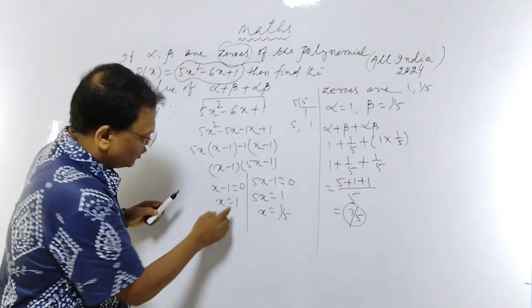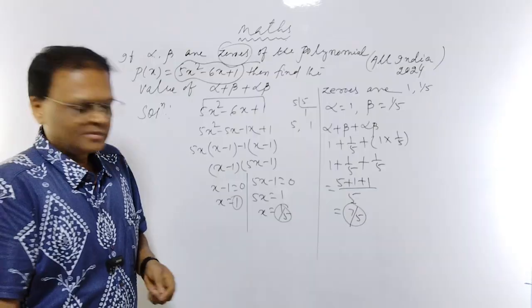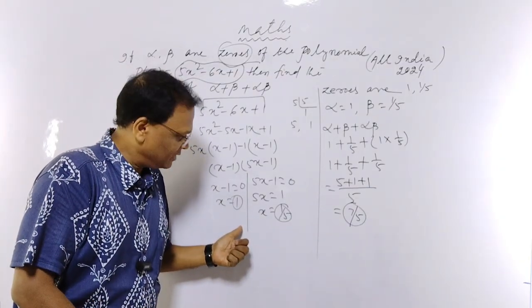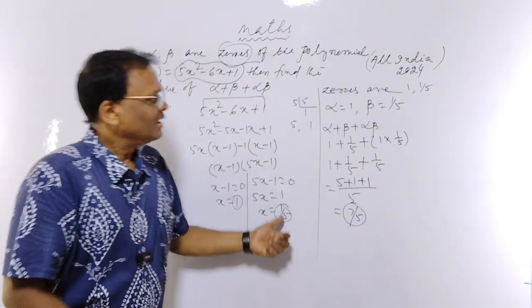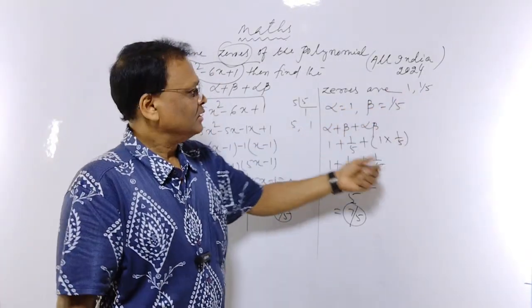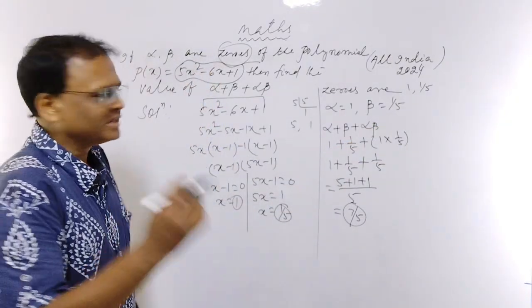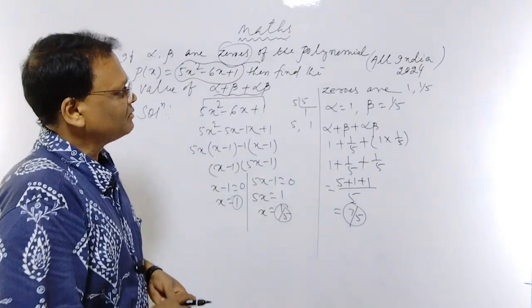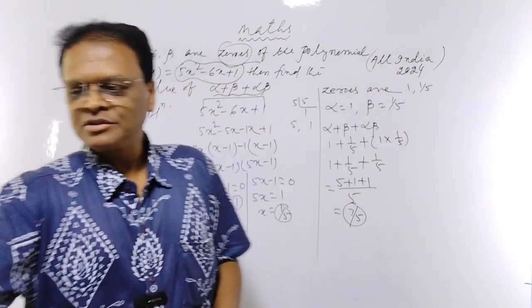This gives me two zeros. One I can consider as alpha, and the second one I can consider as beta. And these zeros I have already written. So first alpha, second beta, then proceed as per the requirement. So this is the question asked in 2024. Now, the second question, let me try.